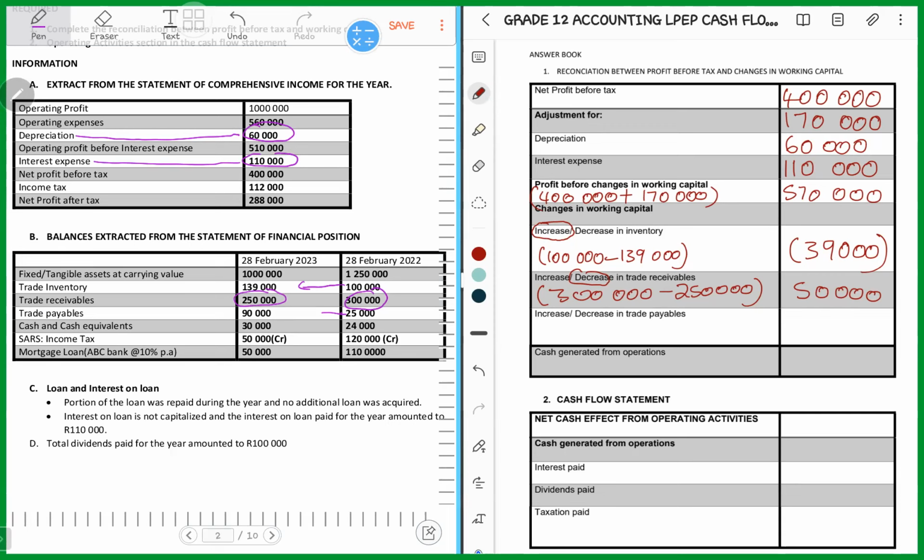Any increase in trade payables is an inflow. So this one, we are not going to start from the previous year when we calculate it. We're going to start from the end of the current year, so from the 90,000, then subtract the previous year, which is 25,000.